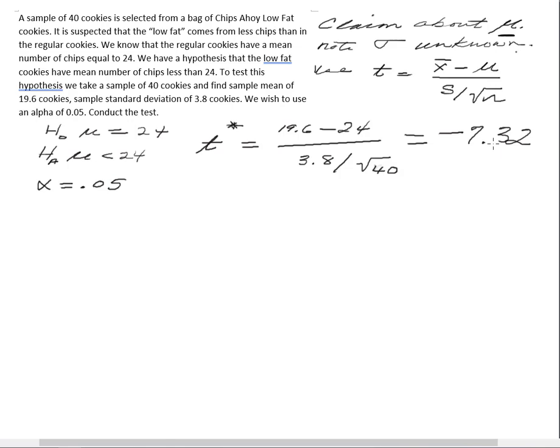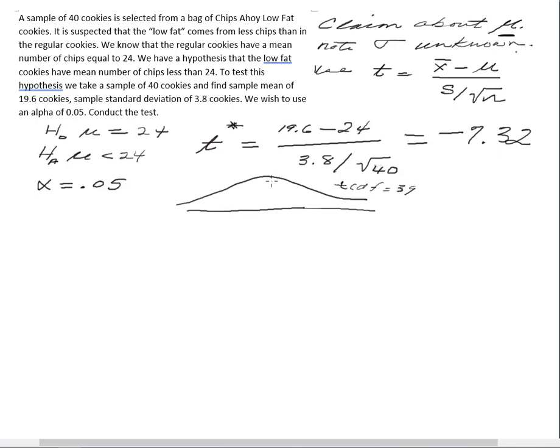Now, without doing any real computation, I think we can just rely upon our memory of the t distribution and figure out what's going to be happening here. So let me just sketch out a t distribution for you. Now t looks almost like a z, so the t distribution would look something like that. Now this would be t, and what are the degrees of freedom? Well, the degrees of freedom would be 39.